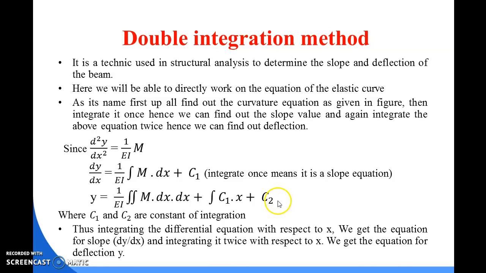This is your twice integrated value, and we can say this is your deflection equation. For the first integration we got the constant C1 and for the second integration we got C2. So dy by dx is the value of slope, that means the theta value, and y is the deflection value.